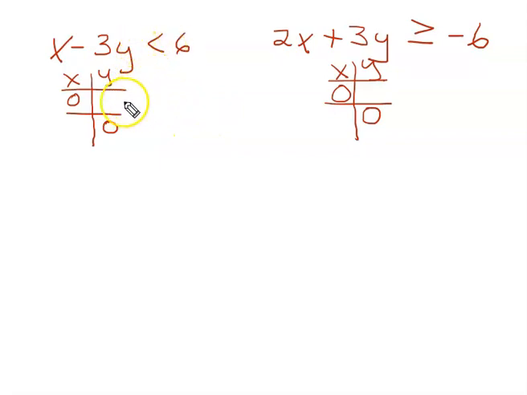And let's do it. Now, if X is 0, our Y value here is going to be a -2. Remember, we're replacing this with an equal sign. Now, notice that these values are not going to be solutions, but they will outline where our line would be. And then if Y is 0, X is going to be 6, okay.